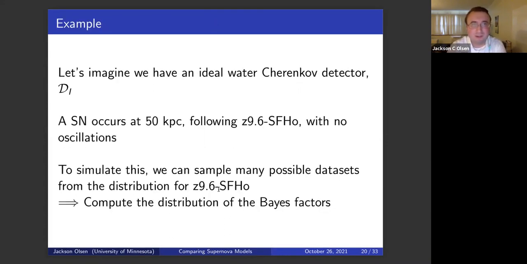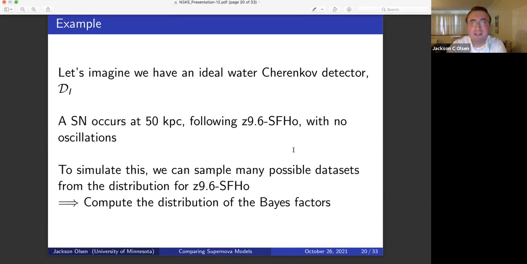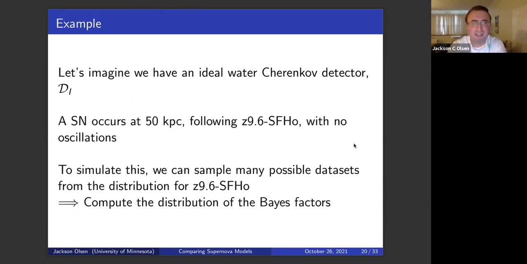So to answer this question, let's consider a relatively simple example. Let's imagine that we have some ideal water Cherenkov detector. We'll say, no background, perfect efficiency, energy resolution. We'll give it the mass of Super Kamiokande, just to pick a reasonable number. And again, we'll still focus just on this inverse beta decay channel.